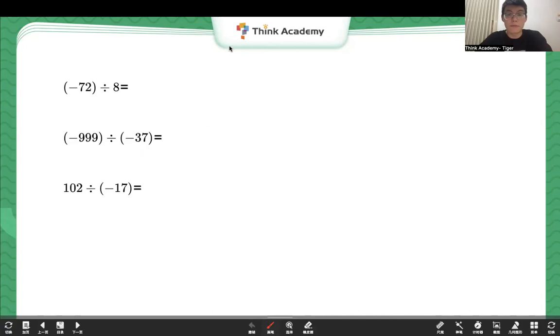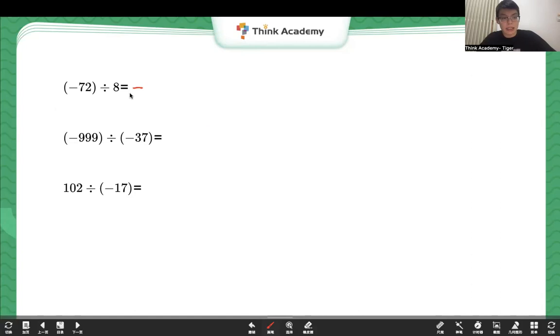All right, so next on, we are doing some divisions with negative numbers. Okay, so minus 72 divided by 8. Is that having same signs or different signs? Different signs, right? So for different signs, we know that the outcome is going to be negative.